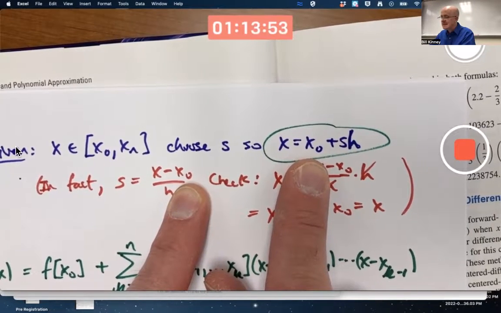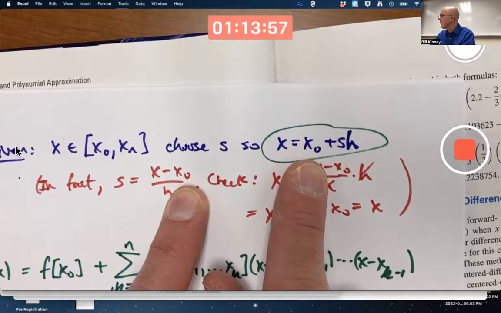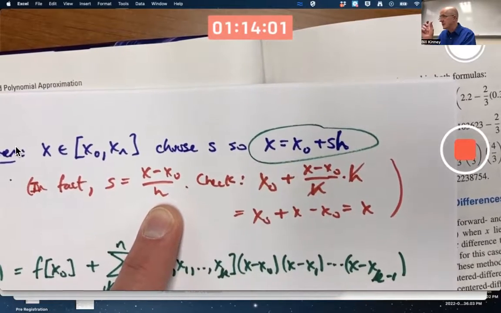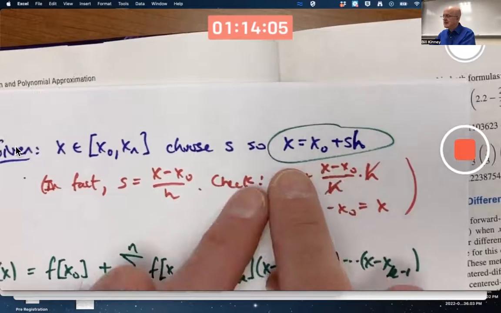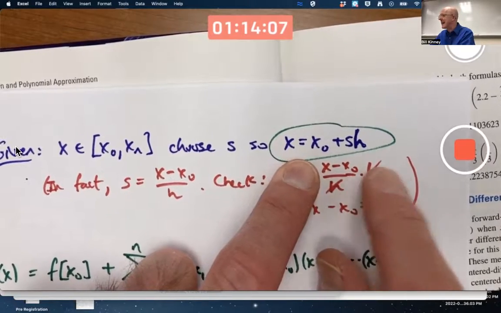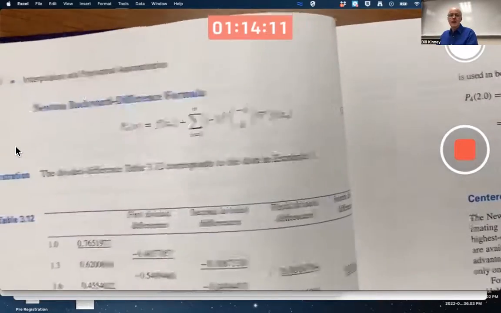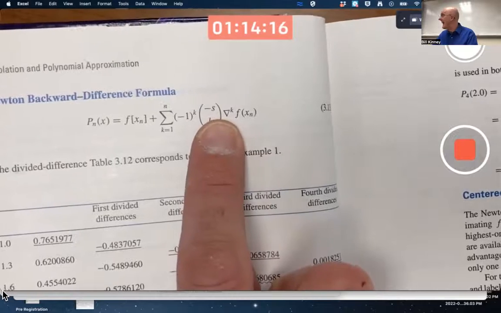If x is in this interval, x minus xn will be less than or equal to 0. H is still positive. H is still the length of each subinterval. Makes s negative, and x equals xn plus sh, where s is negative. Coming back here, that means negative s is positive.